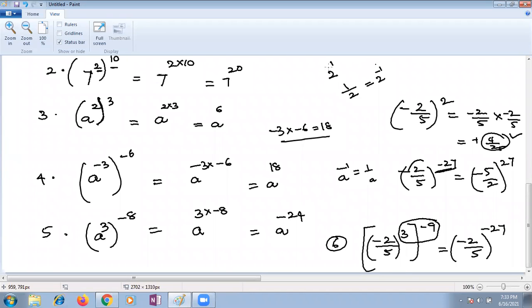Yes, teacher. But why are we taking the reciprocal? But how are you changing negative to positive, ma'am? Because you already did the reciprocal.